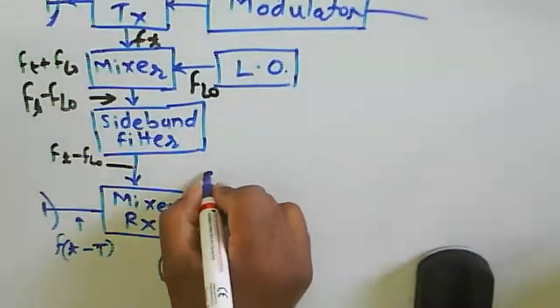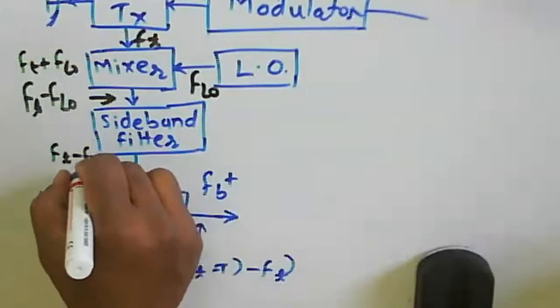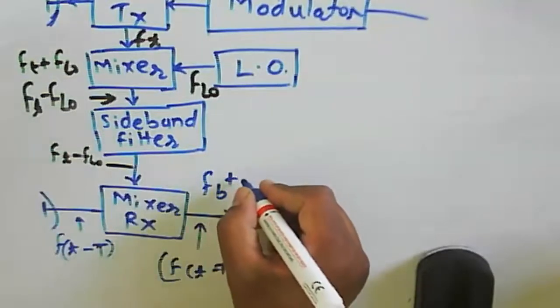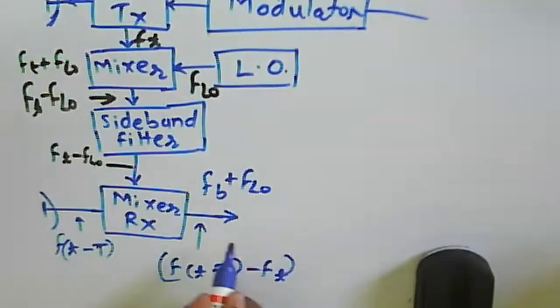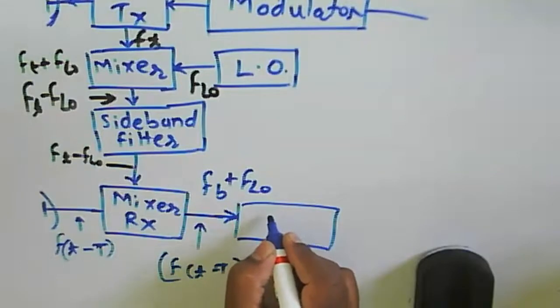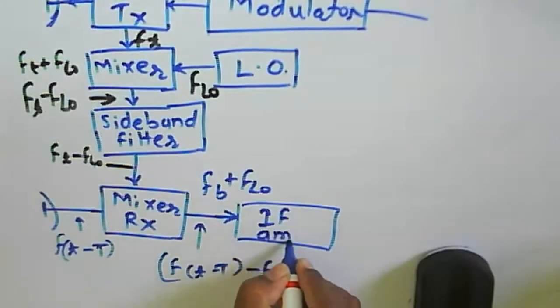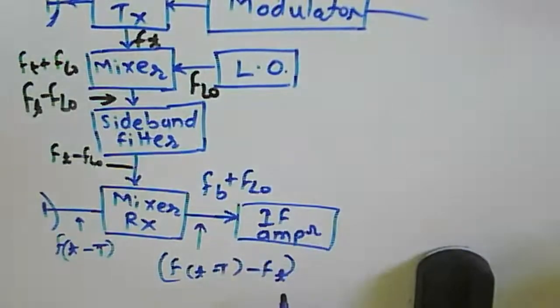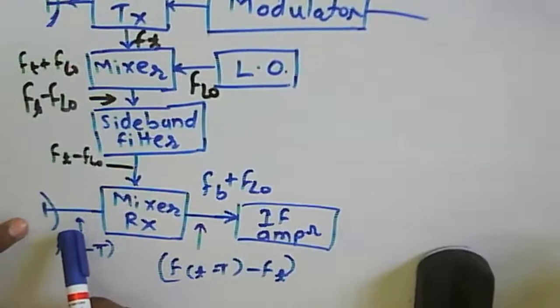We get a beat frequency signal plus the local oscillator frequency signal that is to be passed through the IF amplifier. We have the IF amplifier here, because the echo signal is received at this particular antenna.